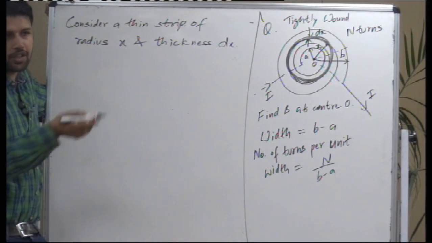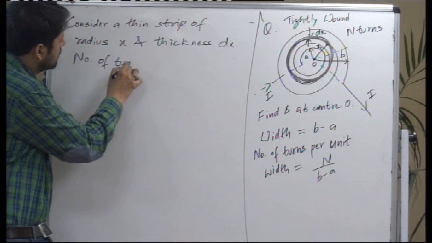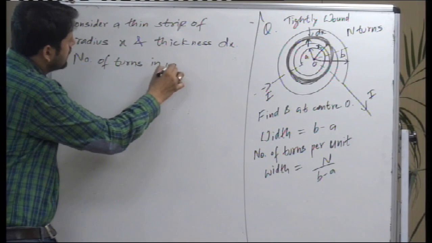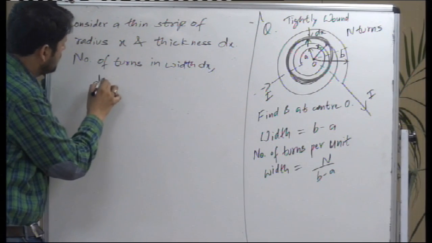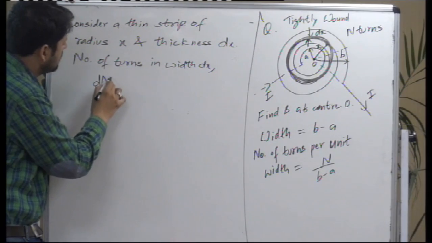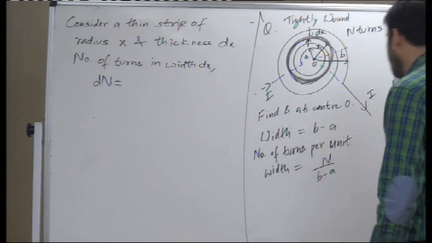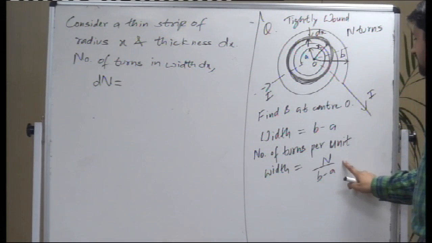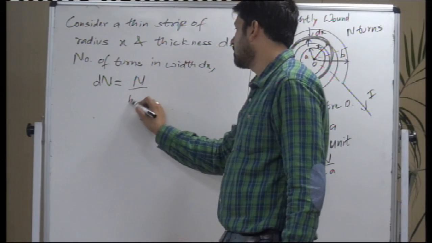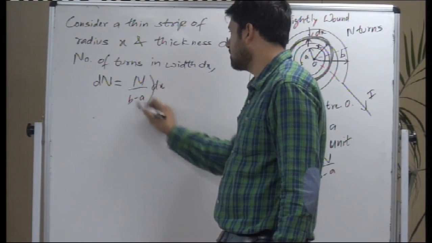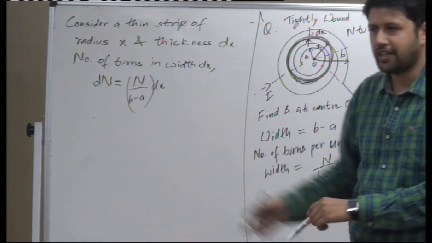So number of turns in width dx would be how much? dn is how much? How many turns will there be? In one width you had these many turns. In dx width you would have these many turns. This was for one width, right? For dx width, these many turns.